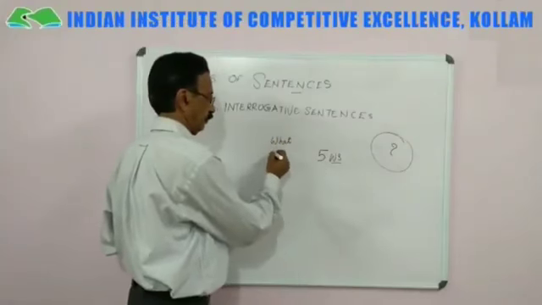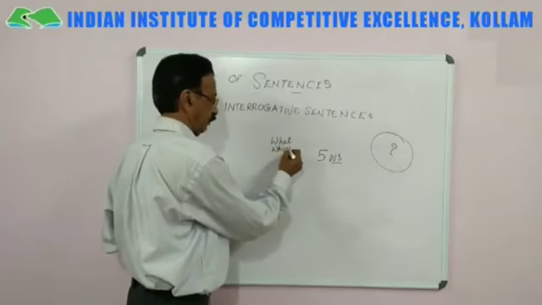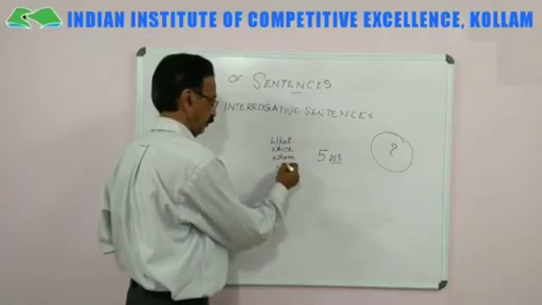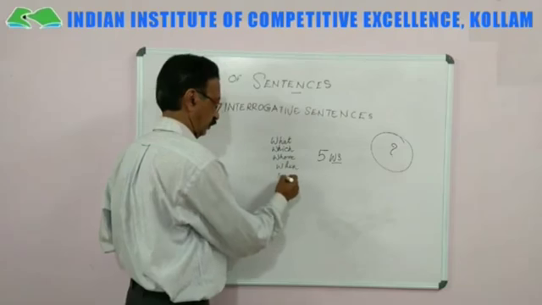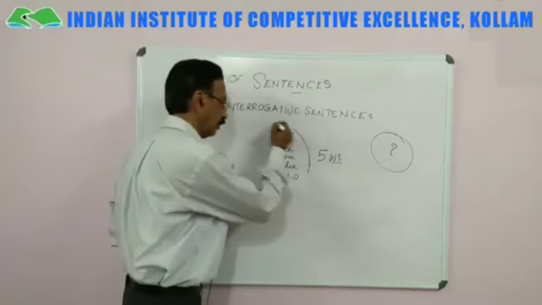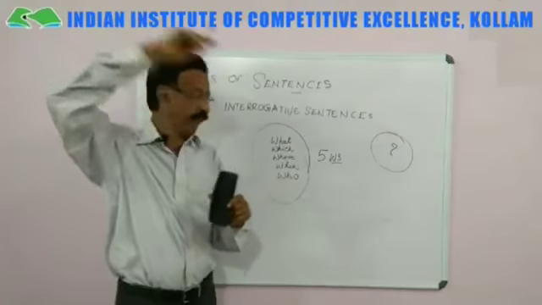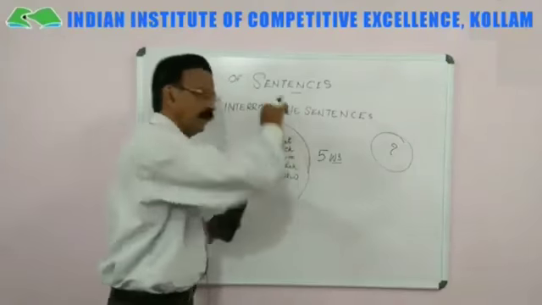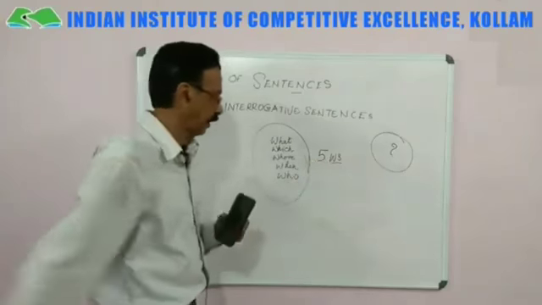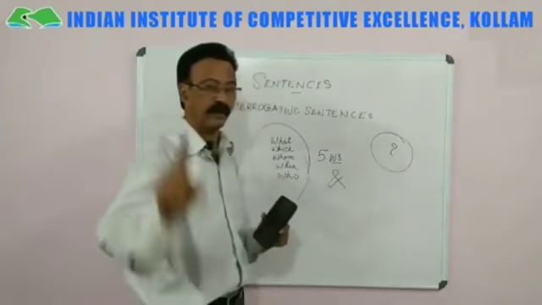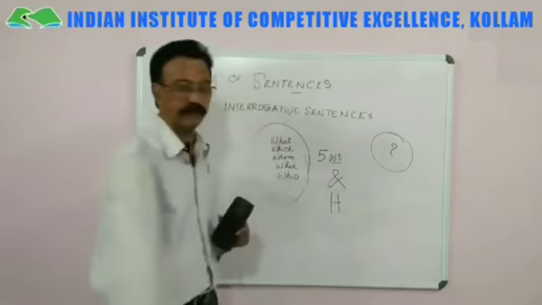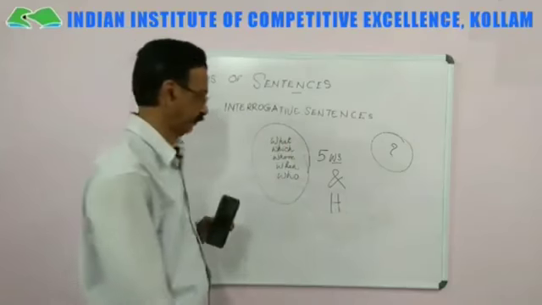What, which, where, when, who. One of these will be there. 5 W's and 1 H. What is H?